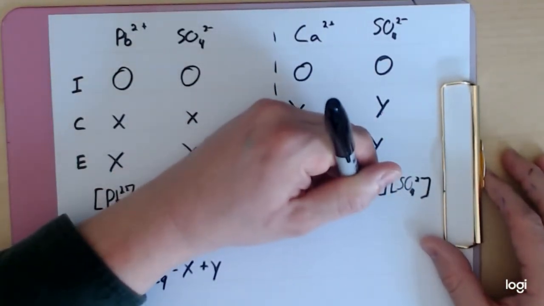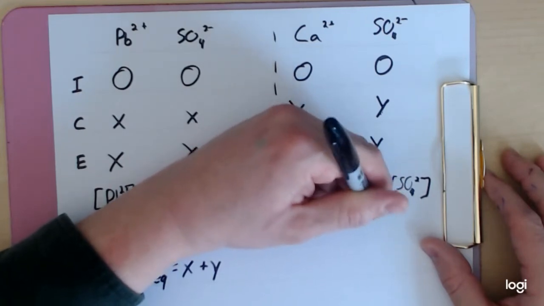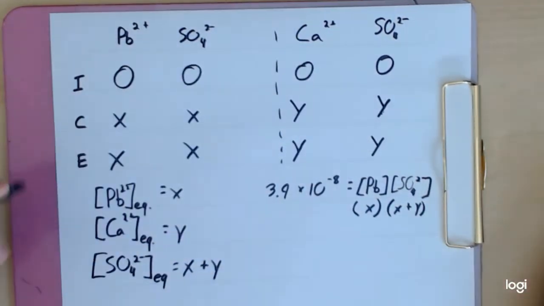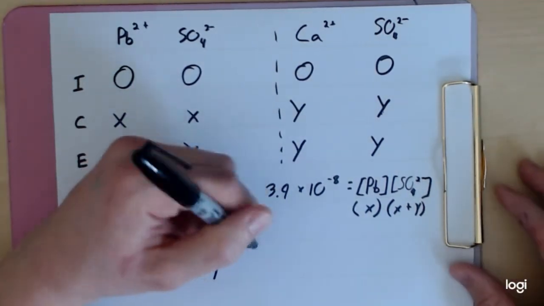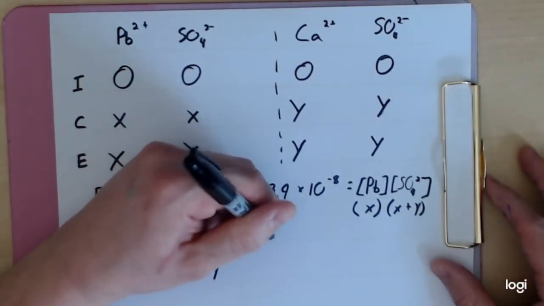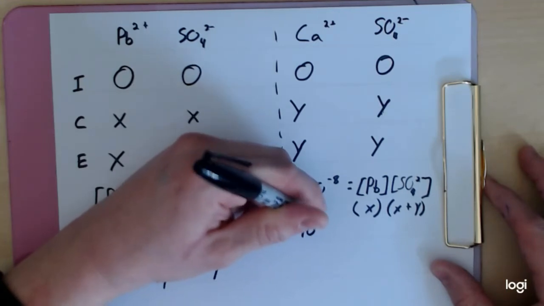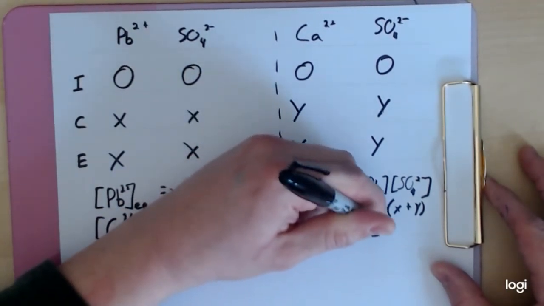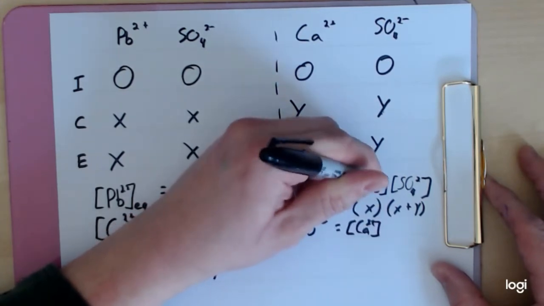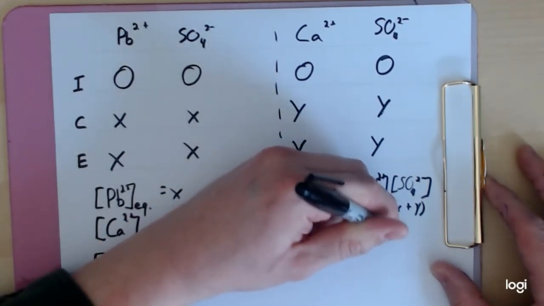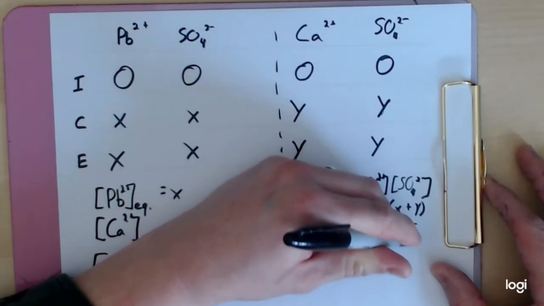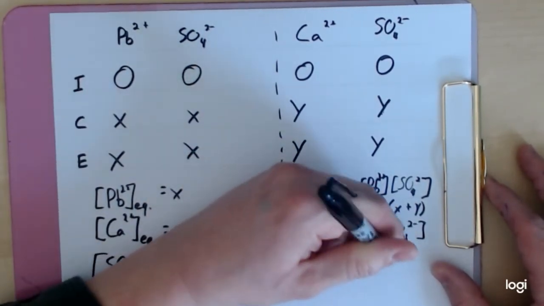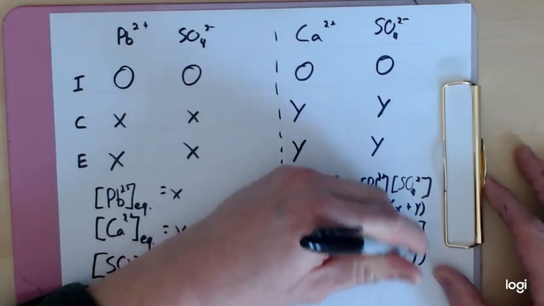Or to rephrase this, we have X times X plus Y. And the equilibrium expression for the dissolution of gypsum was 6.1 times 10 to the negative 5th. We know this is calcium and sulfate. Or to say this another way, Y times X plus Y.